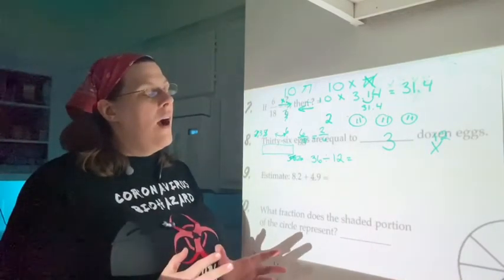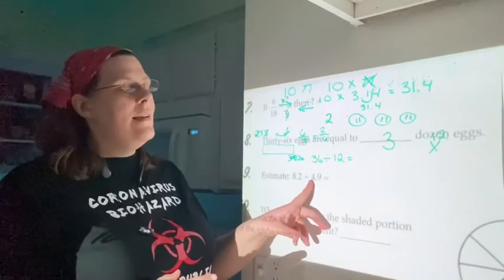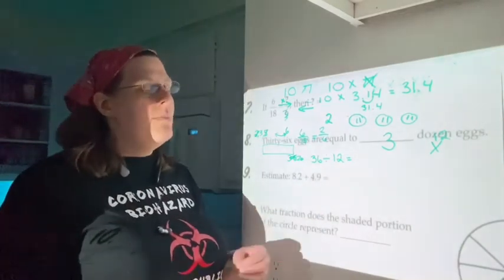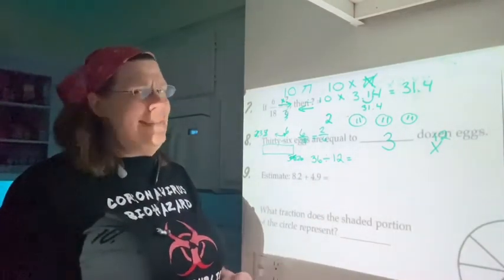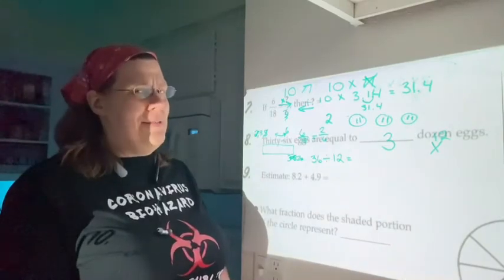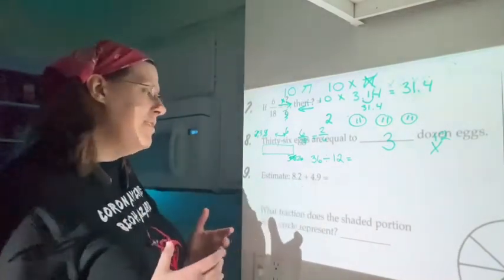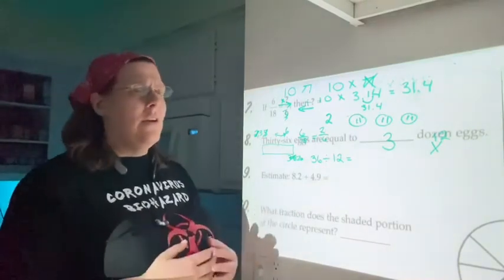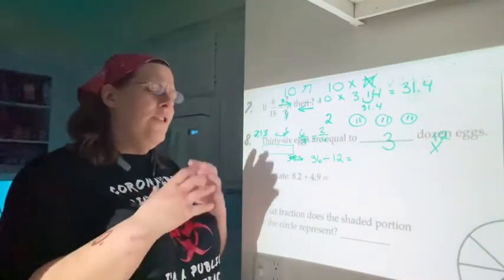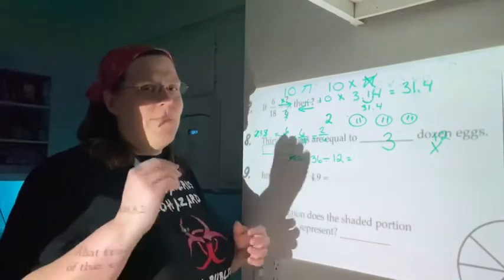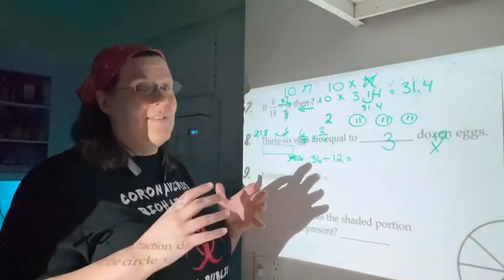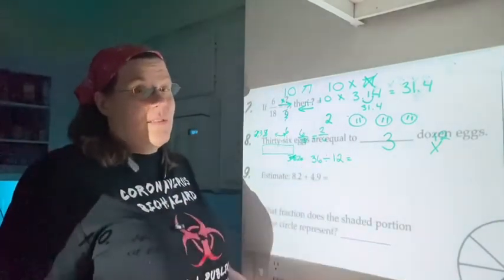And estimating is an okay skill, but it's really not as important as being exact. Because when you're programming or building something, you can't be off by a little bit. You have to be correct on those types of things, because if not, the project doesn't work.